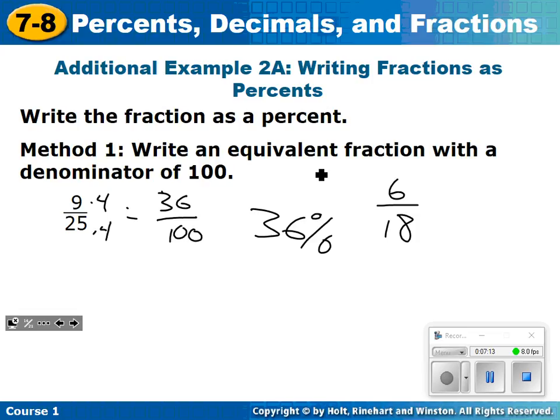How would I turn this fraction into a decimal? Do you remember turning fractions into decimals? How do I do it? It's a division problem, right? 6 divided by 18. Add a decimal, 18 goes into 60 how many times?